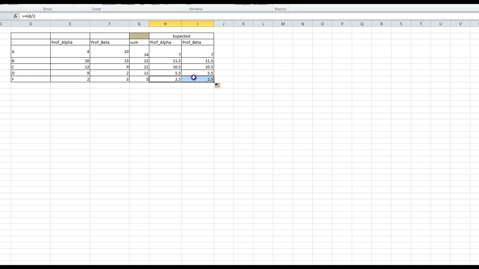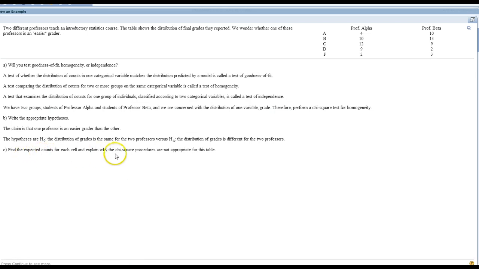Now the problem comes up right here, where the expected amount for this cell is 2.5 and for this is 2.5, which is not equal to 5, which the text suggests that it has to be. So for that reason, we cannot use a chi-squared procedure because it is not appropriate based on the data that we have. Alright?